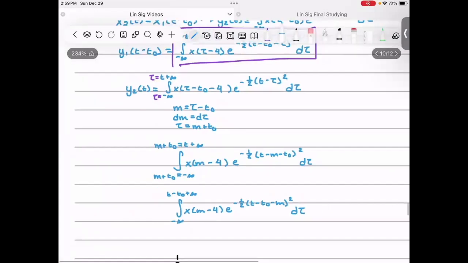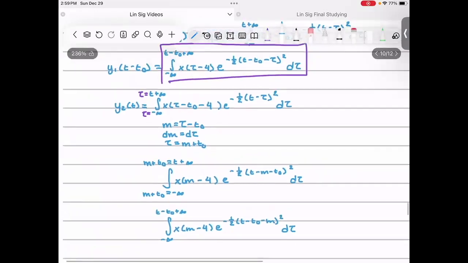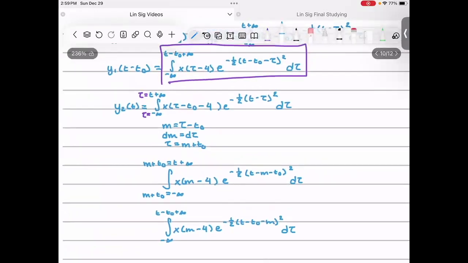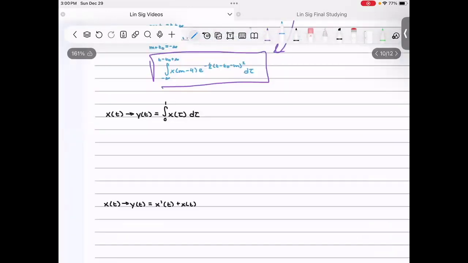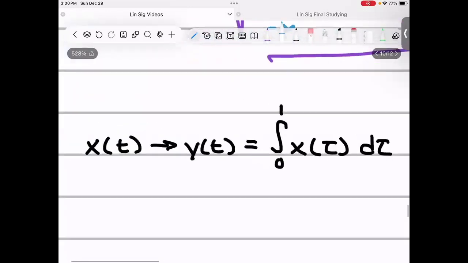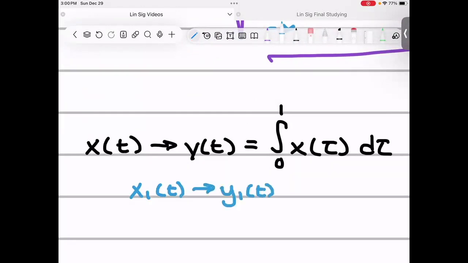Then, if we replace our m, which is a dummy variable, with a different dummy variable of tau, then these are going to look the same. Therefore, it's time invariant.